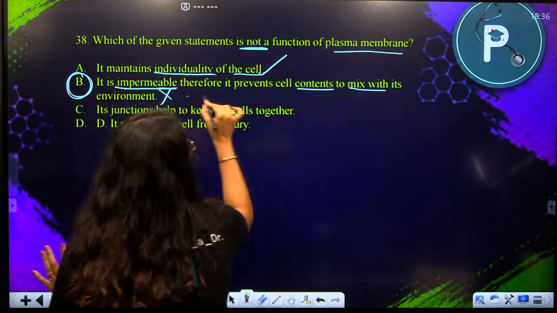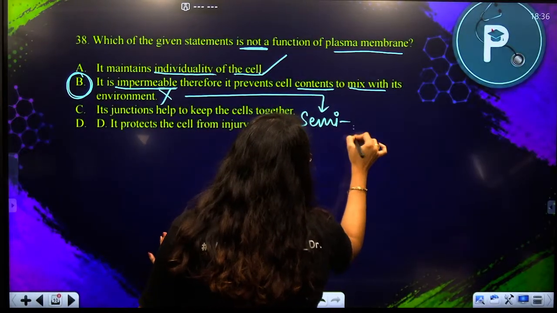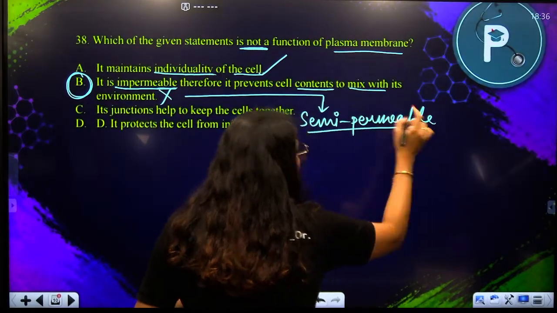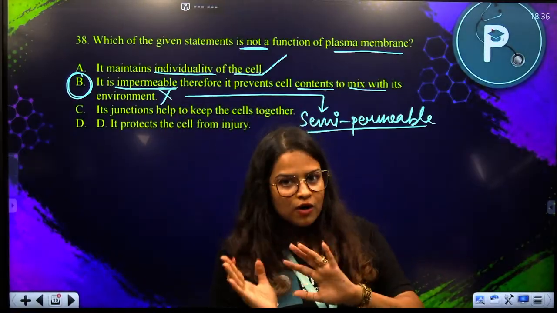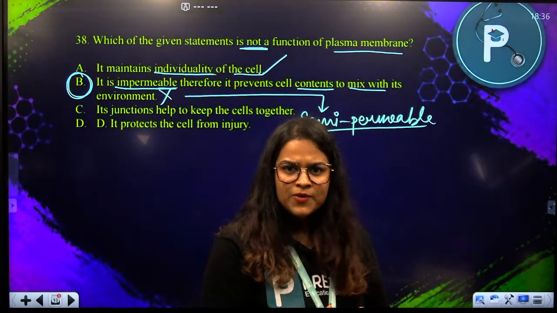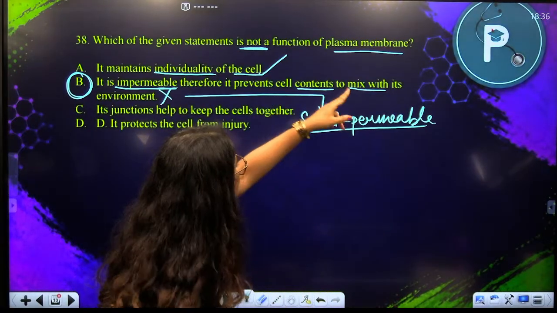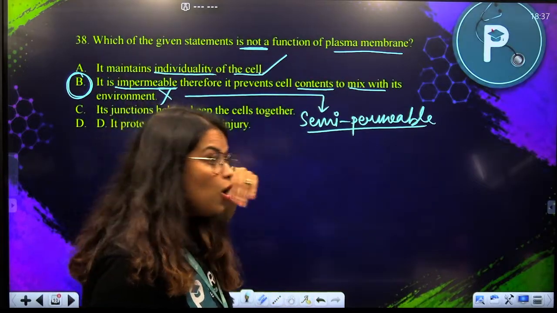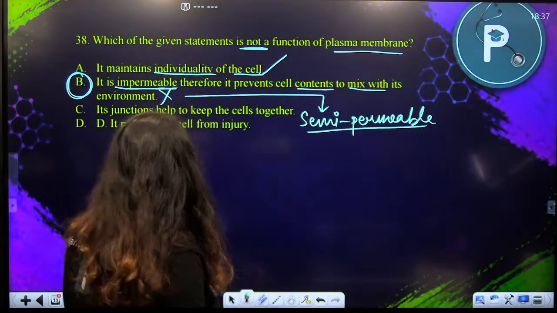We found the answer, but let me tell you that plasma membrane is semi-permeable. It would allow certain things to pass, not all. Certain things would pass from one cell to outside the cell, and certain things won't be allowed. That is how it prevents cell content from mixing with its environment. Not completely impermeable. That is wrong.